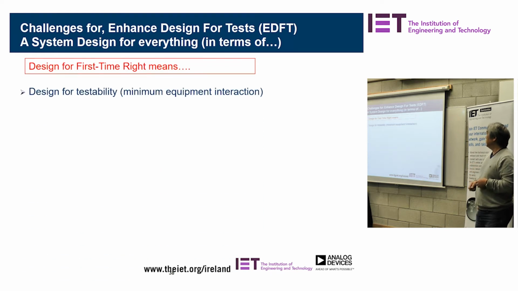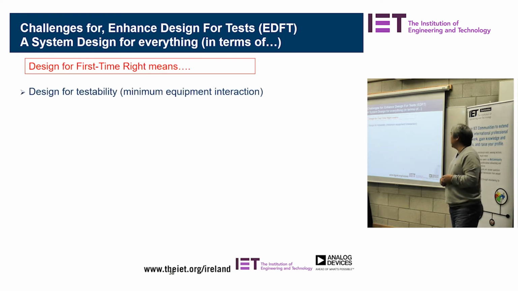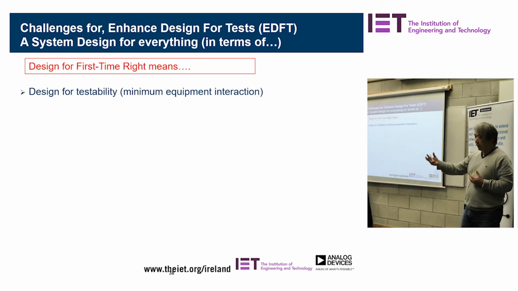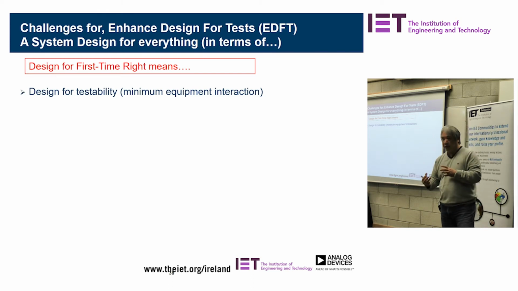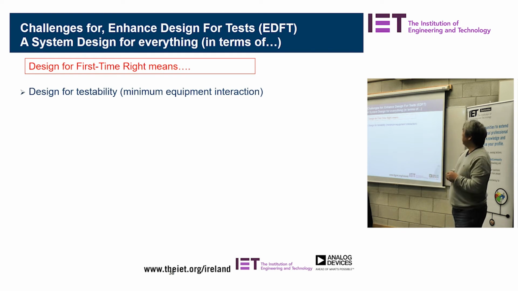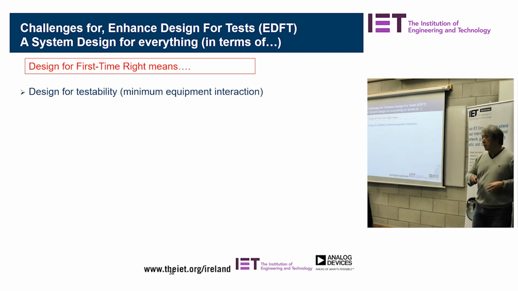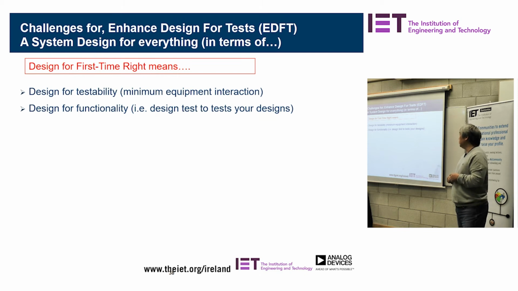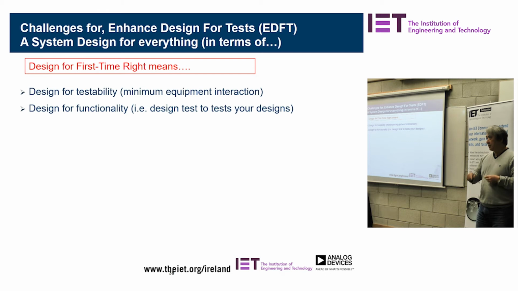When you want to do a design right the first time, there are a lot of factors. You want to design for testability, which means minimum equipment interaction. You could have very expensive equipment, but connecting it is a problem. So you try to design for testability at the same time, not just your design. Then you want to design for functionality, so design the test to test your design. That's another challenge.